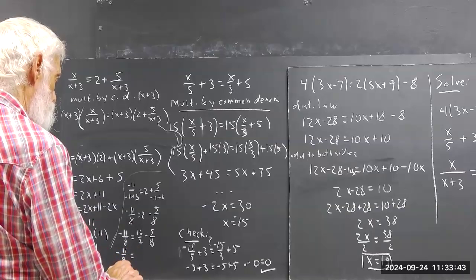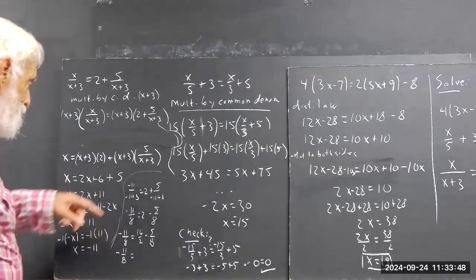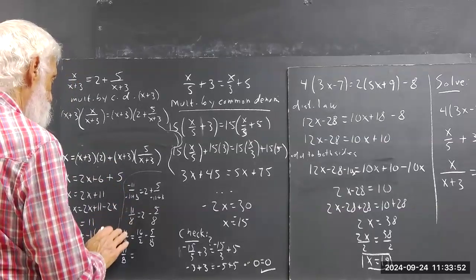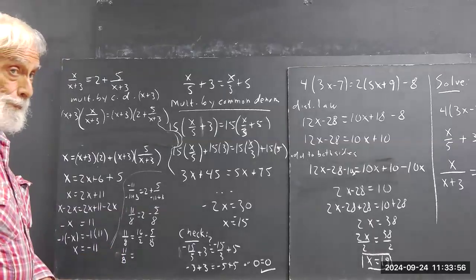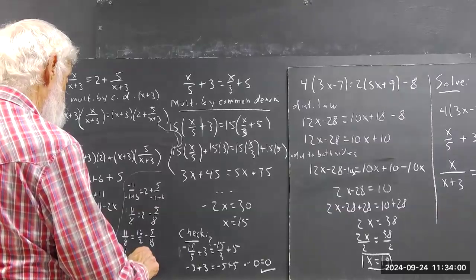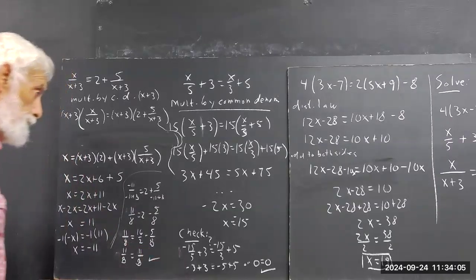Uh-oh. This is not -11/8. Darn, look at this. Numerator is negative, denominator is negative, it's 11/8, not -11/8. Okay. Do better than I do with signs. Anyhow, this equals 11/8 on both sides, and that checks.